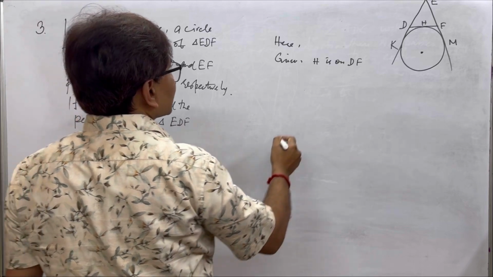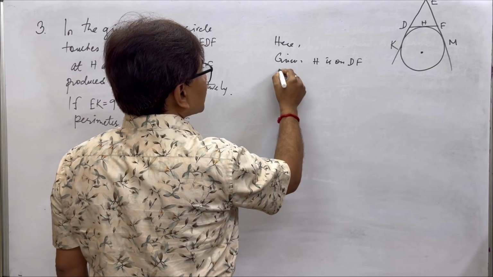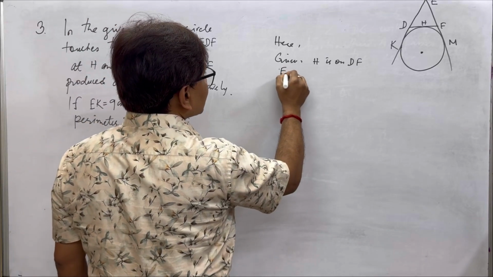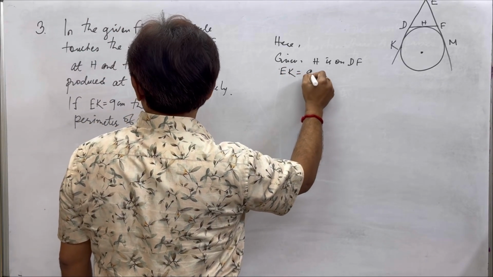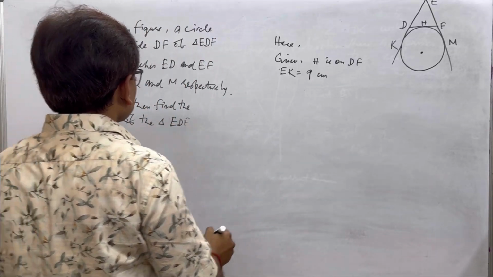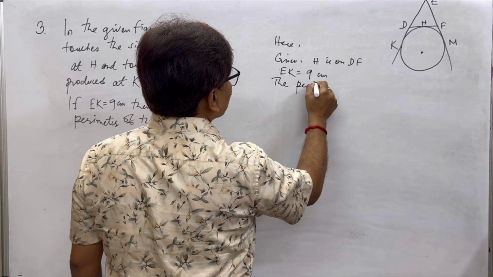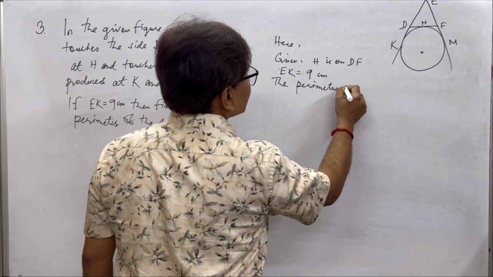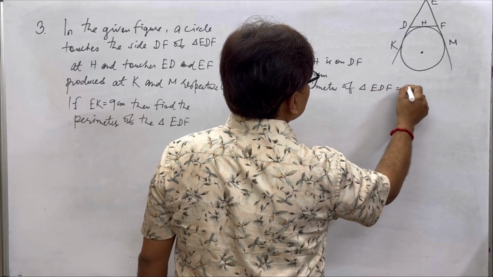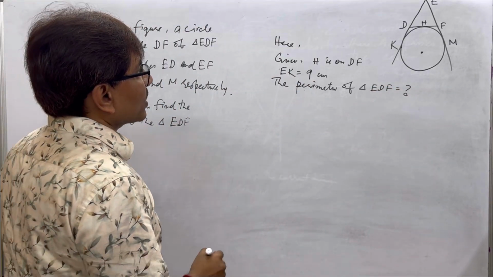Also given EK equals 9 centimeter. What to find out? The perimeter of triangle EDF. This is the question mark and it is only asked.